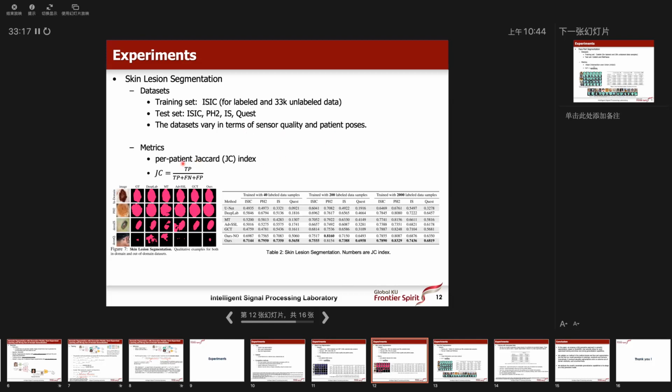The author takes the JC index as the metric to measure the performance. The author used 40, 200, and 2000 labels respectively to train the model and tested on these four datasets. We can see that the proposal also achieves good generalization ability on the out-of-domain datasets.